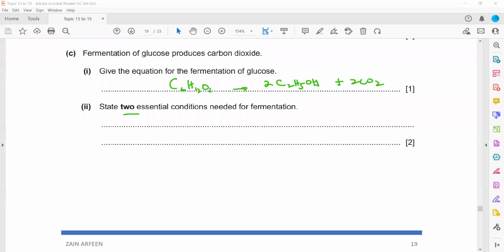So in the presence of yeast, and a temperature range of 10 to even 37, 40, this can occur, and absence of oxygen. Anaerobic respiration, there should be no oxygen. Yeah, and a high concentration of sugar.